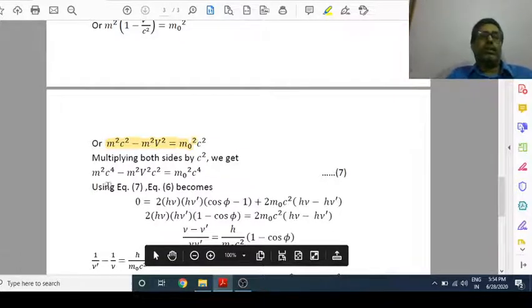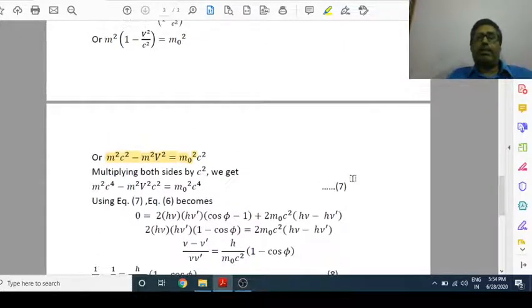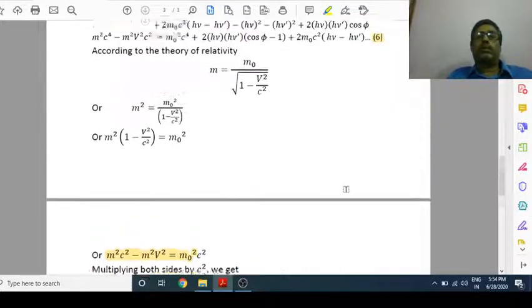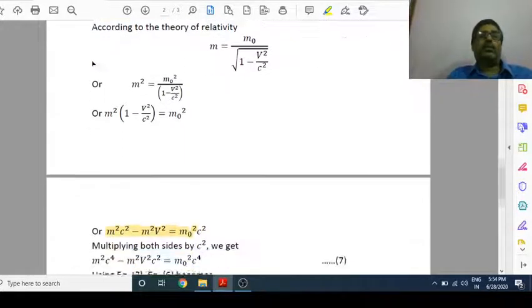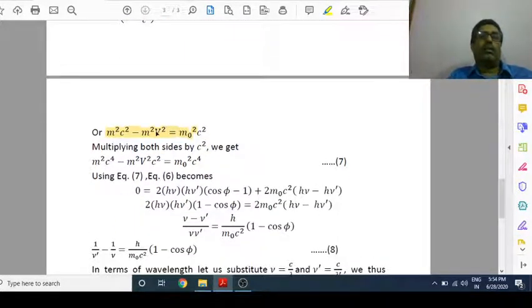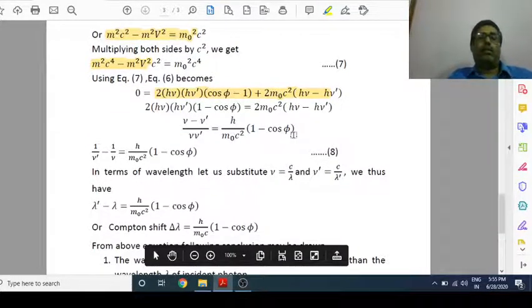So we can write m square c4, m square v square c square, m0 square c4. And now we compare this equation 7 and equation 6, these two terms, and here these two terms. If we use the two equations, we get this one, and on solving we get here.